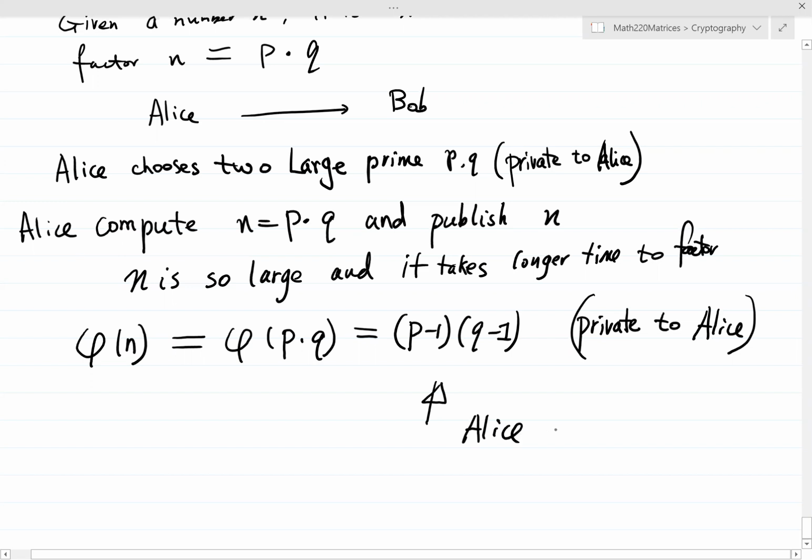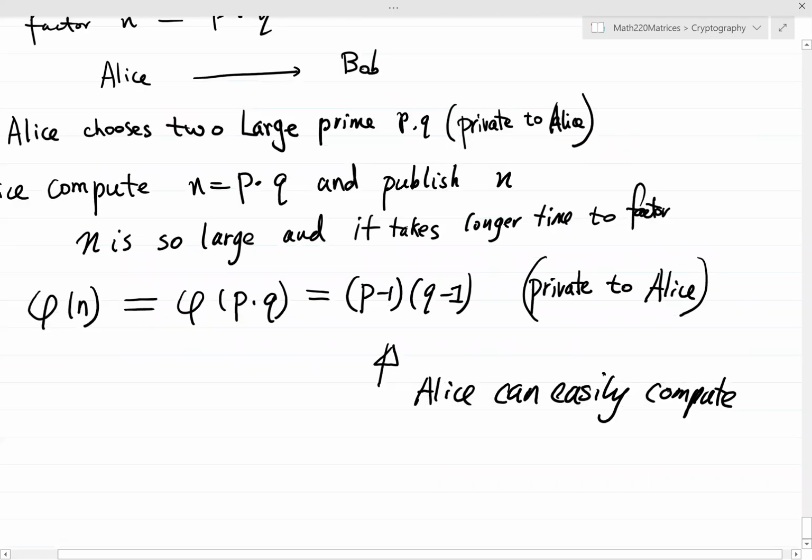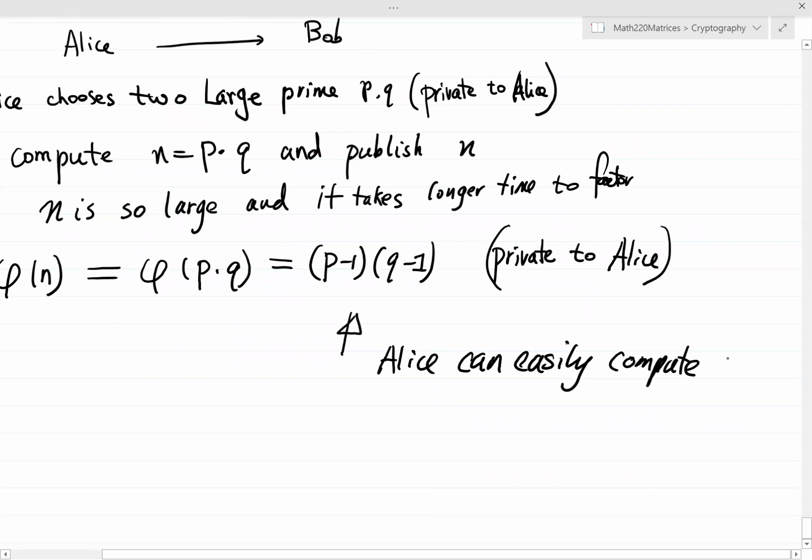Alice can easily compute this number because she knows her private key p and q, using p and q. Now this p and q is private, not known to other people.